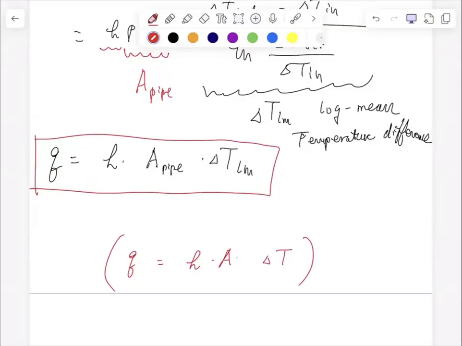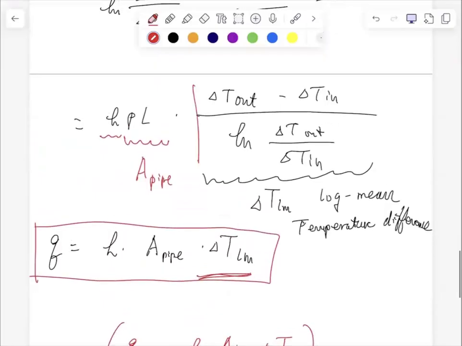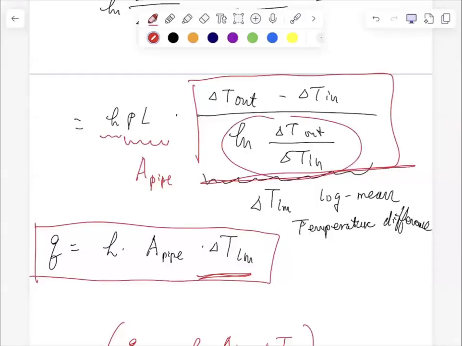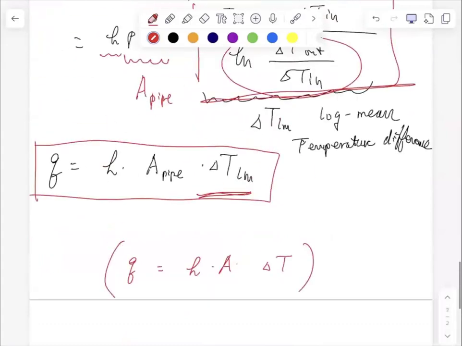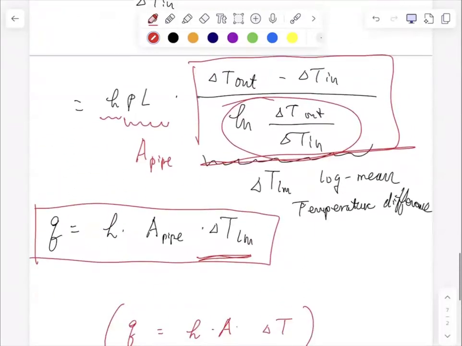But when you calculate the entire pipe for the internal flow, you have to use a log mean. And the log mean is by definition the difference at the outlet minus the difference at the inlet, divided by the log of the ratio of the two differences. All right, you're going to use this again and again. Hopefully, you will be familiar with this.